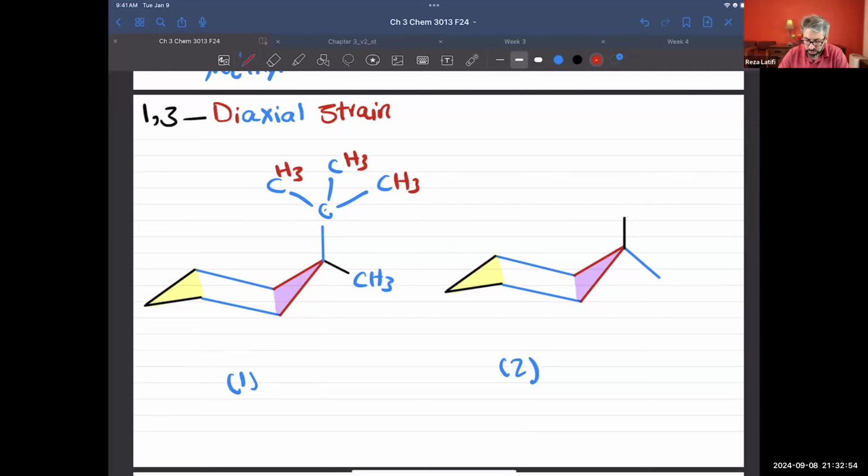Or I can put the methyl here, CH3, and then put the tert-butyl there.